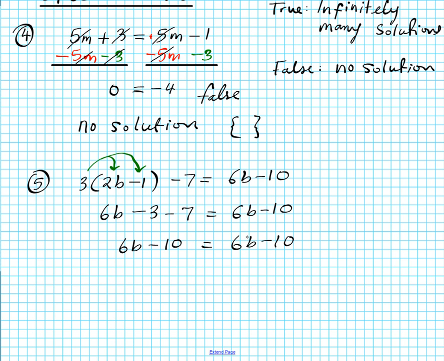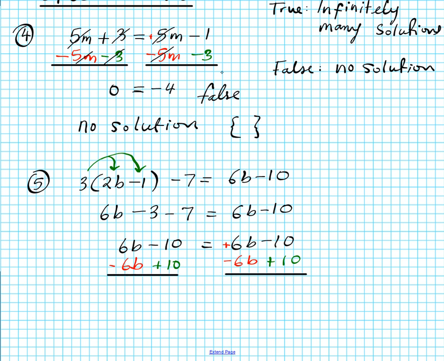To move this 6b to the left, I subtract 6b from both sides because this is a positive and the opposite of positive is negative. When we're subtracting 6b from both sides, we want to line up like variables. And on the left side, I have negative 10. I need it on the right, so I add 10 to both sides. Now, let's combine it.